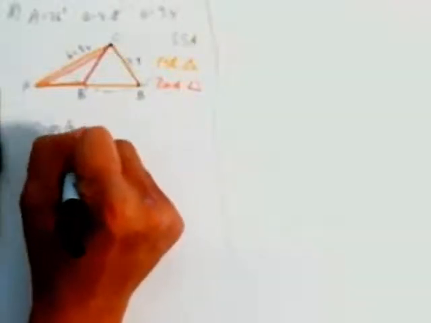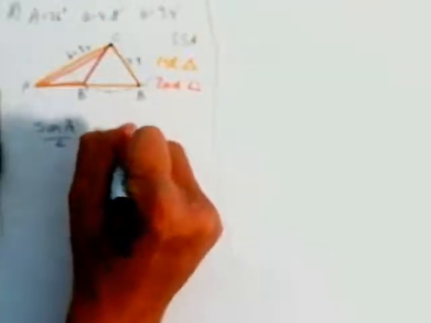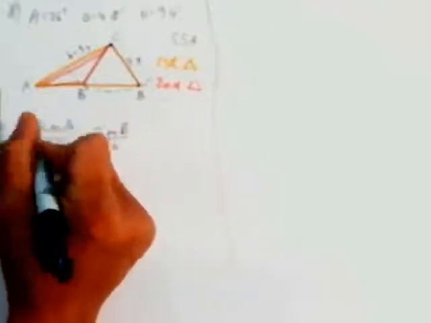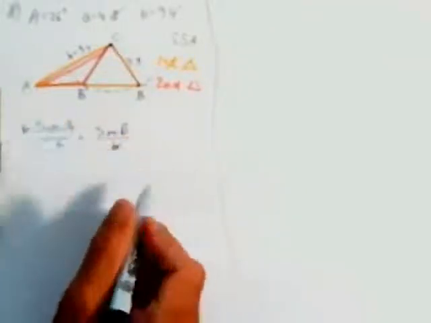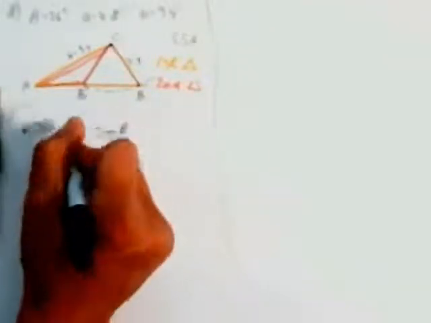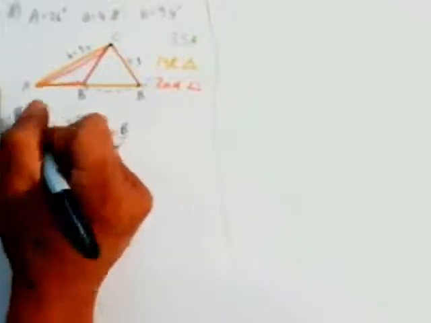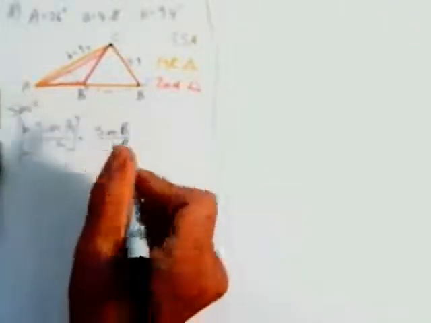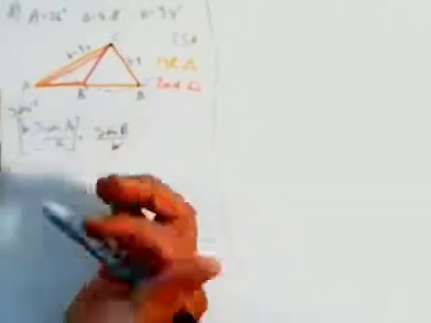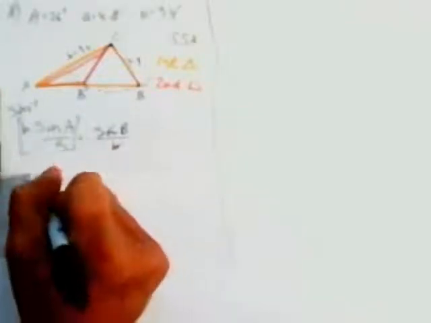Sine of a over little a is equal to the sine of big B over little b. I'm just going to multiply by b right there. That gets rid of it. To solve for the angle, big B, I take the sine inverse of the left side. There it is right there. So let's draw it again.